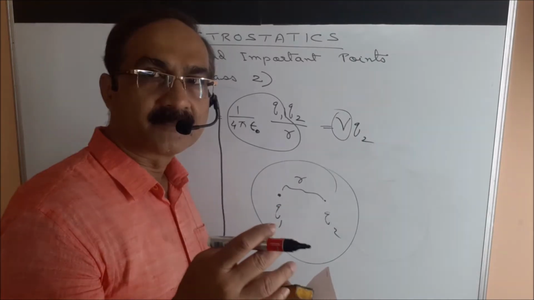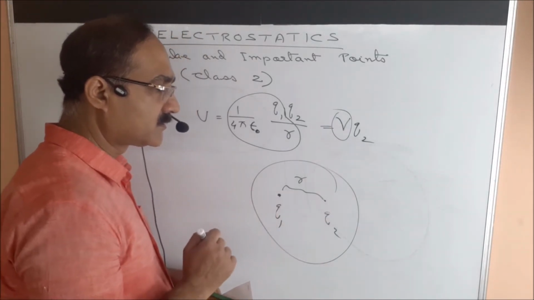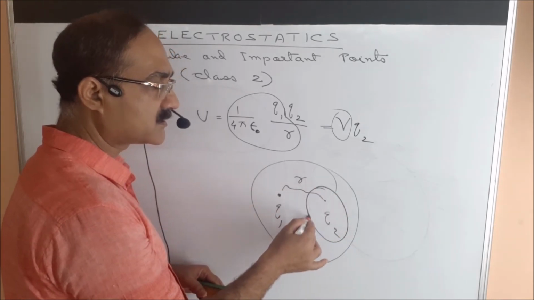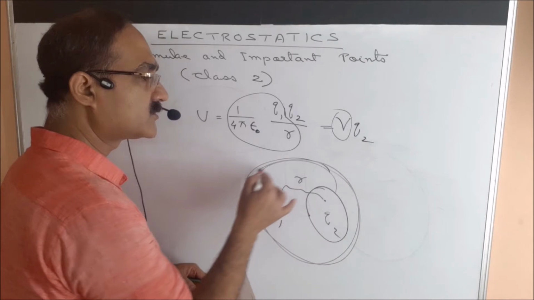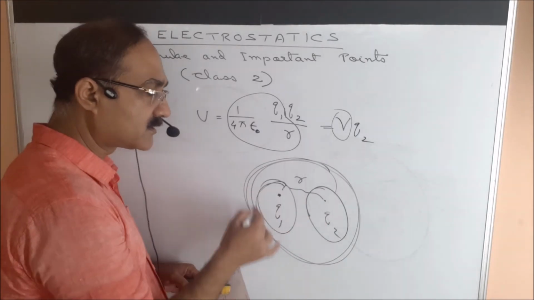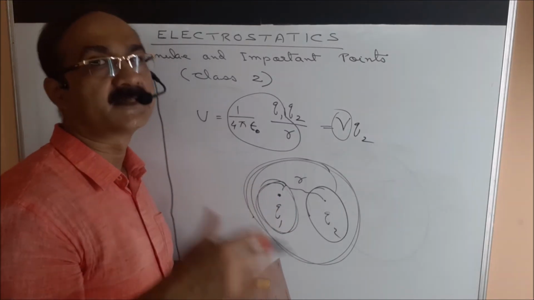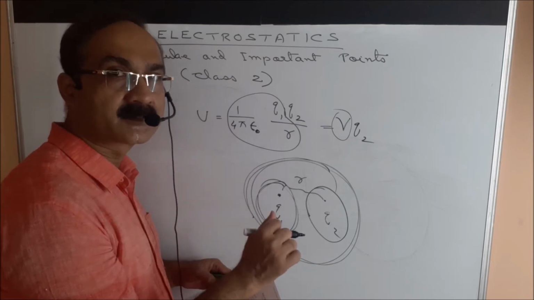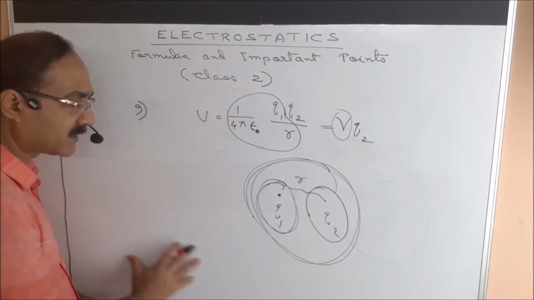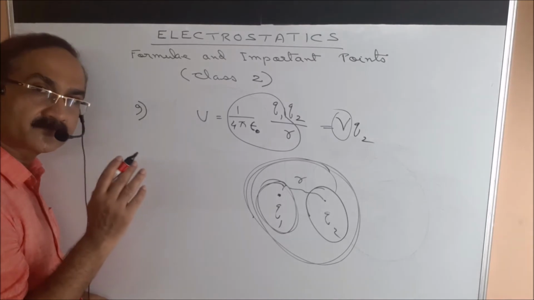Understood? Many students get confused on this point that there are two charges, so I am taking the potential energy of this charge and saying this is the potential energy of the whole system. How come? Why are we not adding the potential energy of Q1? I have answered it already, but again I repeat because this is very confusing. When you bring the first charge in an empty space, no work is done.